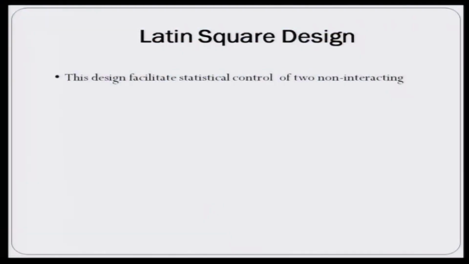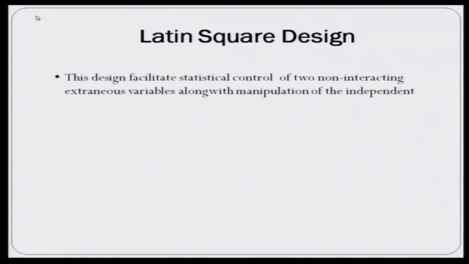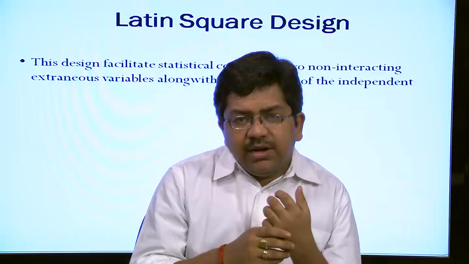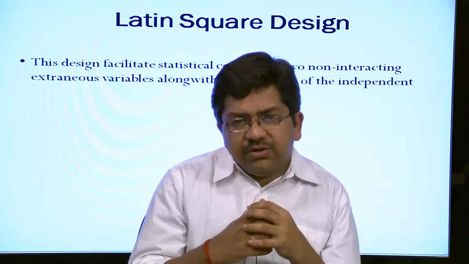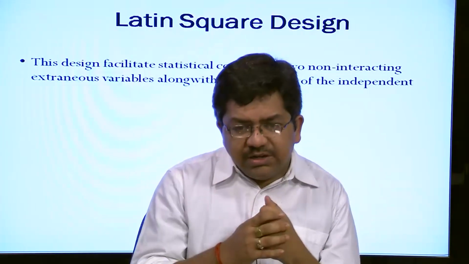Then you have another type of statistical design, which is the Latin square design. This design facilitates statistical control of 2 non-interacting extraneous variables. You can study the effect of the independent variable on the dependent variable by controlling the effect of 2 non-interacting extraneous variables.